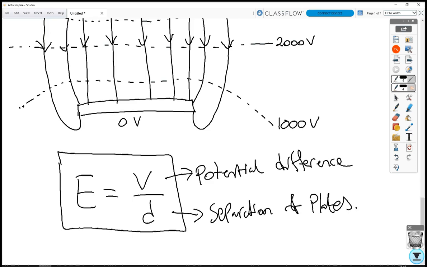Now notice it's not about where you're located. So you might have a proton that's located between the plates, but D is not where the proton will be located. It's the separation between the two plates. And then V is not the potential at which that proton is at. It's about the potential difference between the plates.